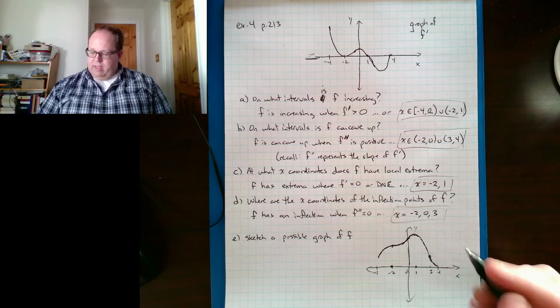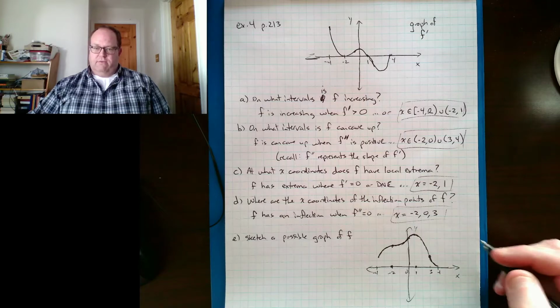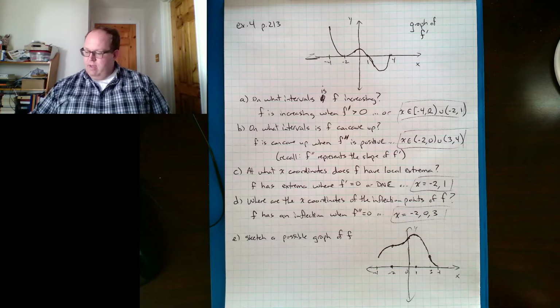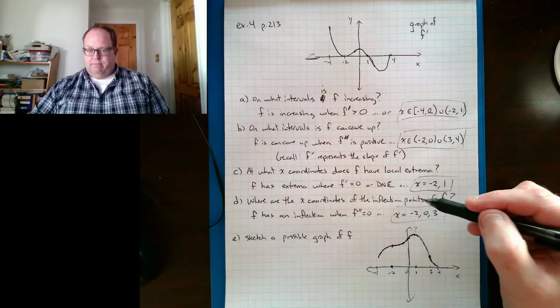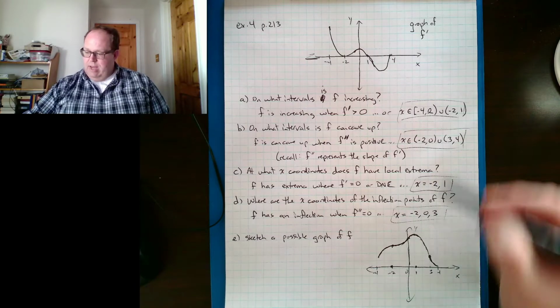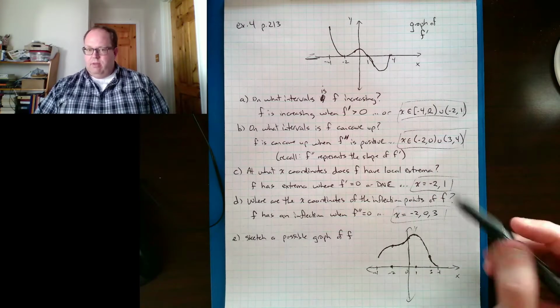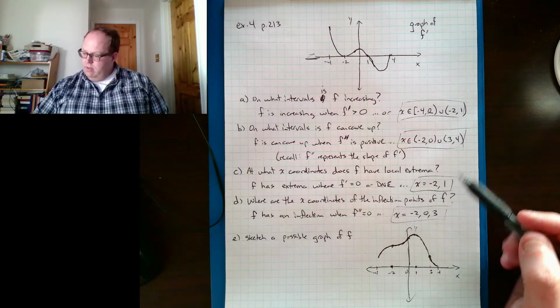This is one possibility. There are a few things that aren't taken into account yet. I mean, if I just took this whole graph and shifted it up 5 or 6 units, it would have those same properties to match up to here. But let's make sure we've met all our conditions.